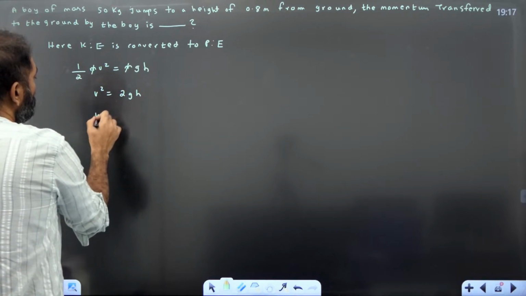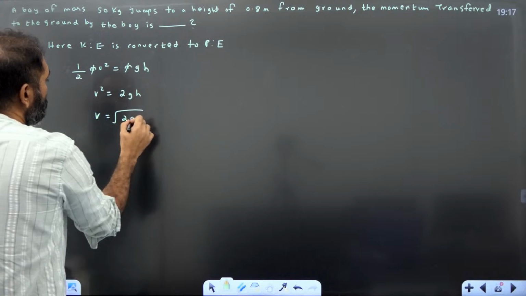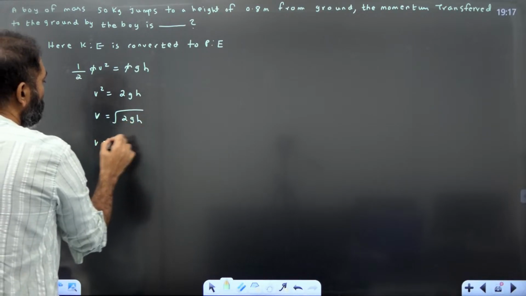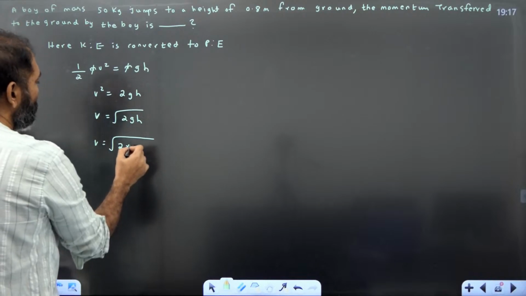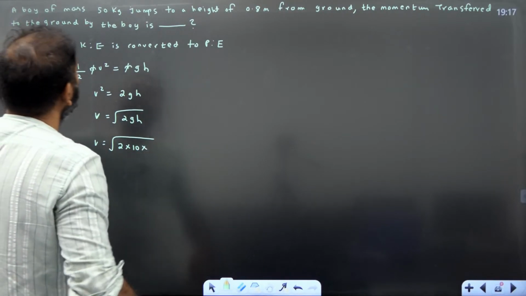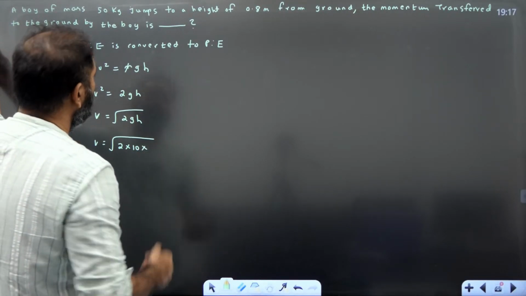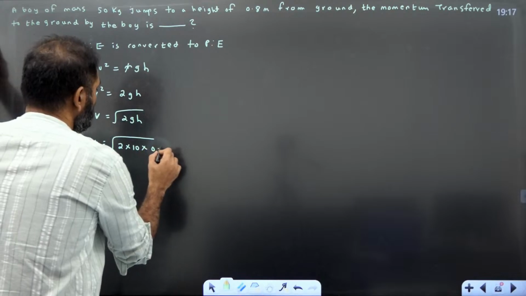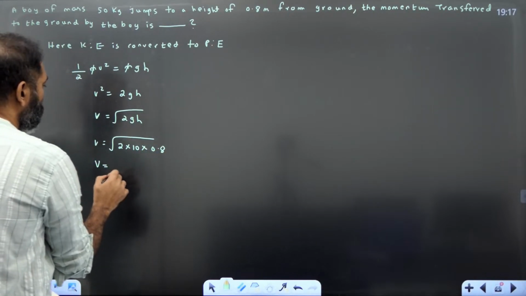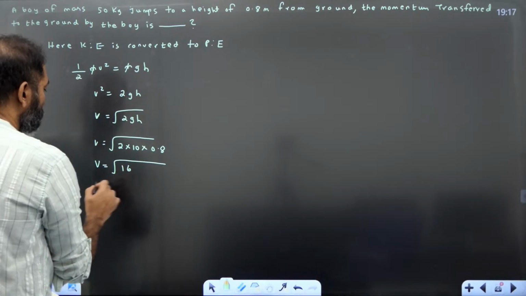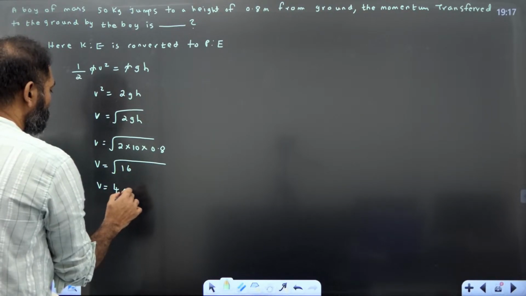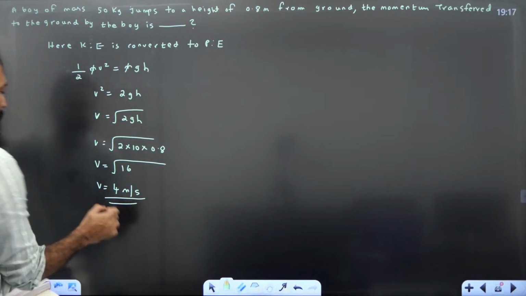V is equal to root 2gh. So what is the velocity? Root 2 into 10, taking g as 10, into height 0.8. So V is equal to root of 20 into 0.8, that is 16. V equals 4 meter per second.